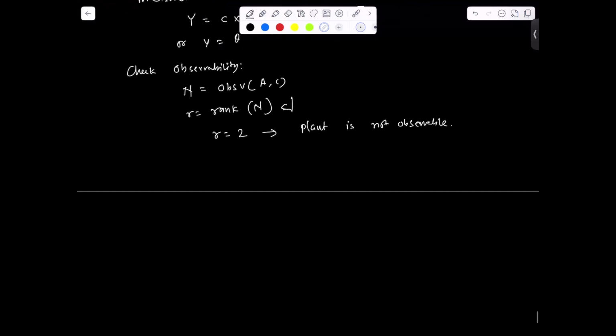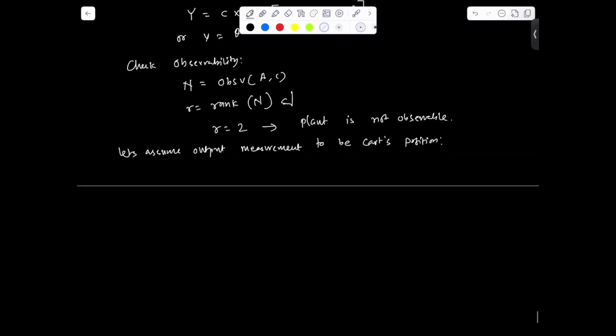So let's have a second try. Let's assume the output measurement to be the cart's position only.